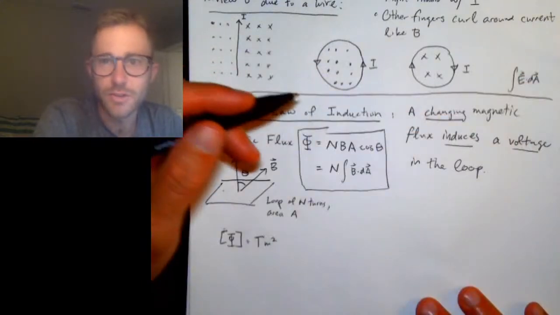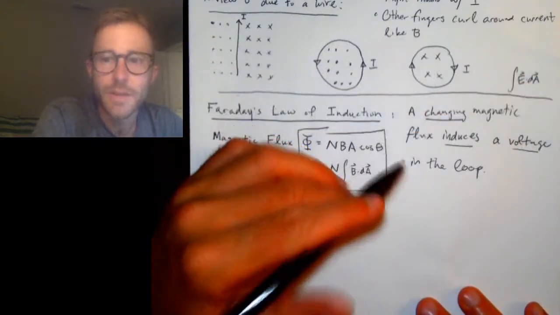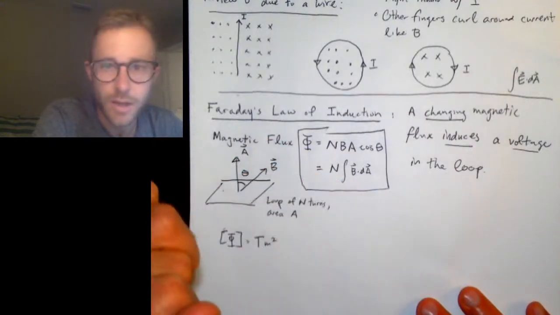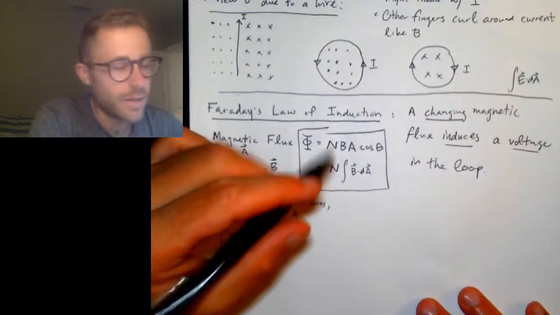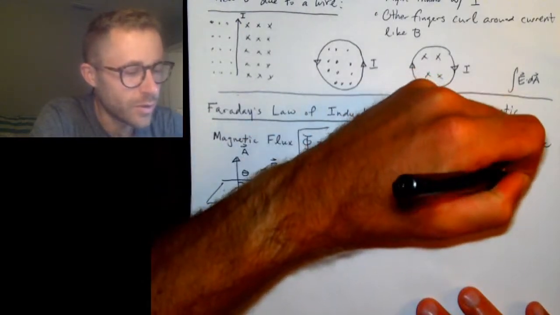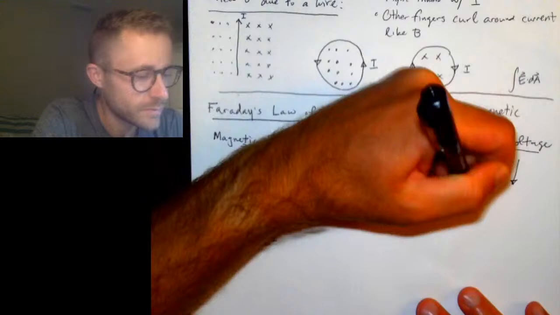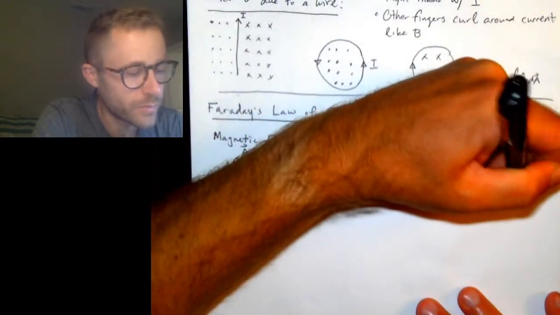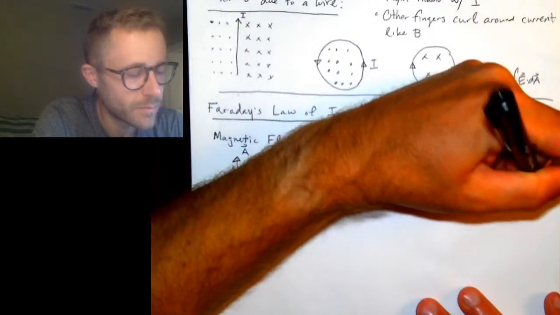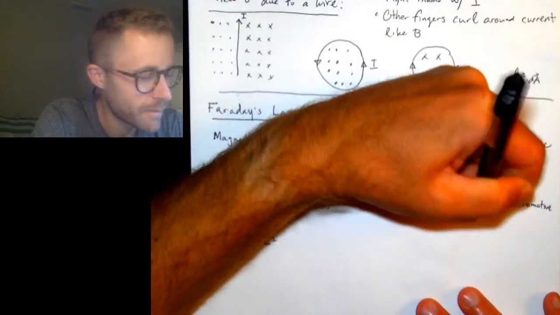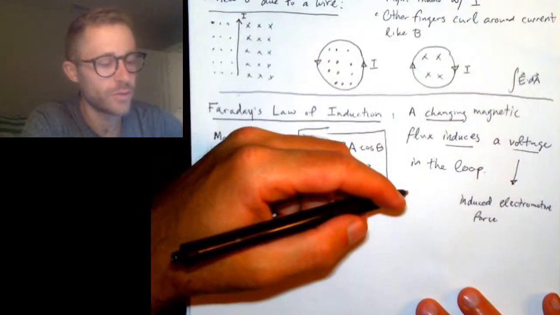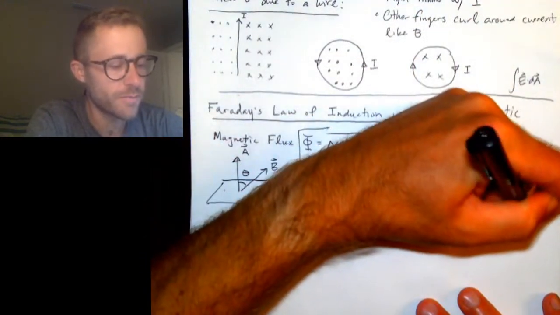So the changing magnetic flux induces a voltage in the loop, and that induced voltage is called the induced electromotive force, also known as the induced EMF.